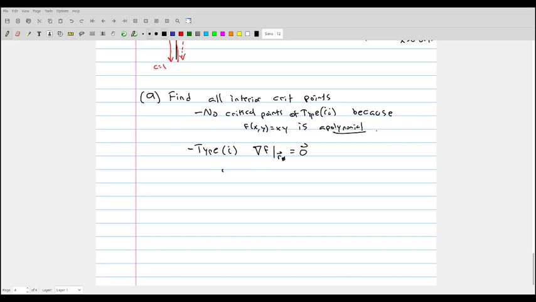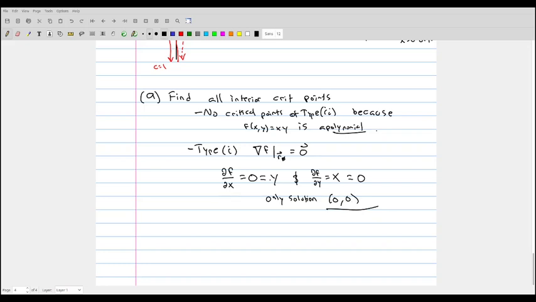So for this function, if we solve for these points, the x partial derivative of the function is going to be equal to 0, and the x partial derivative of x times y is y, and the y partial derivative of our function is equal to x. So the only solution to this system of equations is x equals 0, y equals 0.